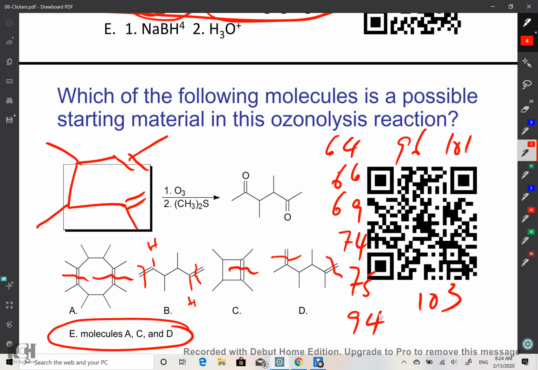When I break it, on each end I add an oxygen. You notice that's exactly the same molecule as this one, just that one is folded and one is extended. If you do the same with the rest, it gives you the same product.